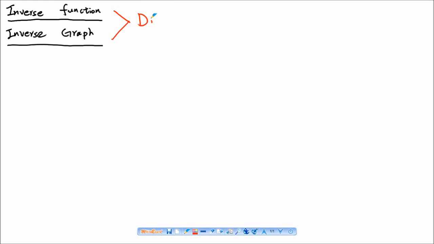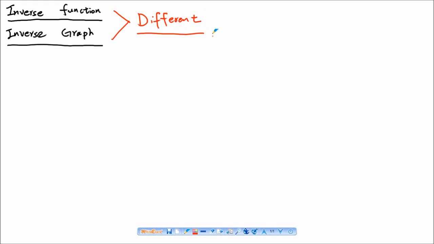Remember, an inverse graph is different to an inverse function. They're quite similar, but there are differences between them. So just make note they're different.